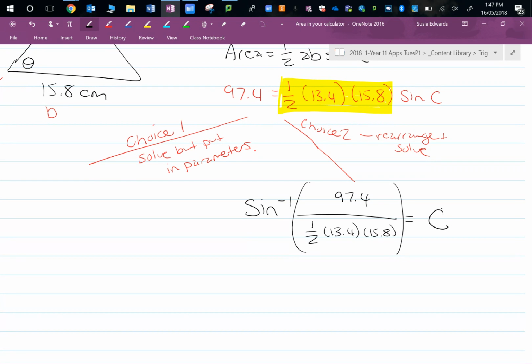So you move everything to the bottom and you move the sine to inverse sine on the other side. Now that will get you the correct answer. Can someone tell me what their answer is though?